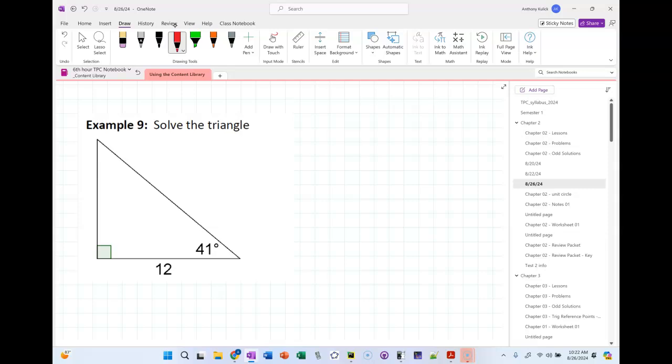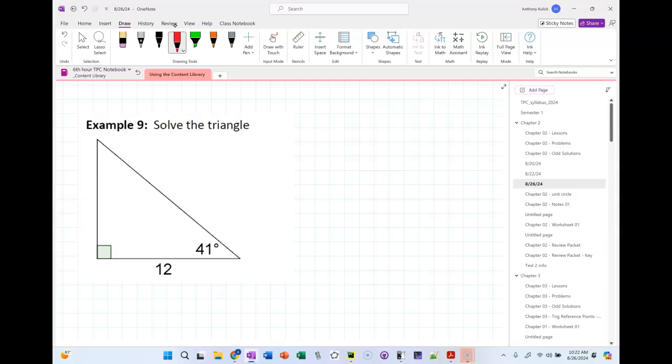All right. So this direction says solve the triangle. When I say solve the triangle, what do I mean? What is that direction telling us to do? Find all the side lengths and all the angle measures, right? One of these is basically free. What's basically free? The other angle, right?